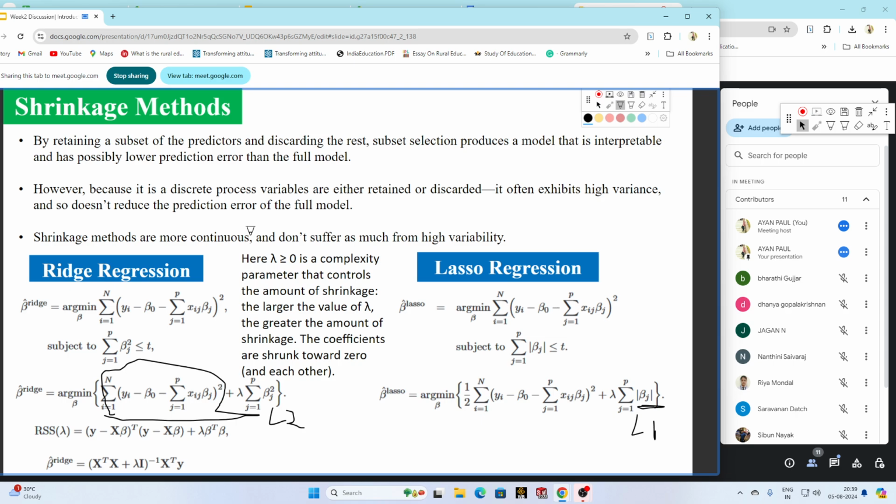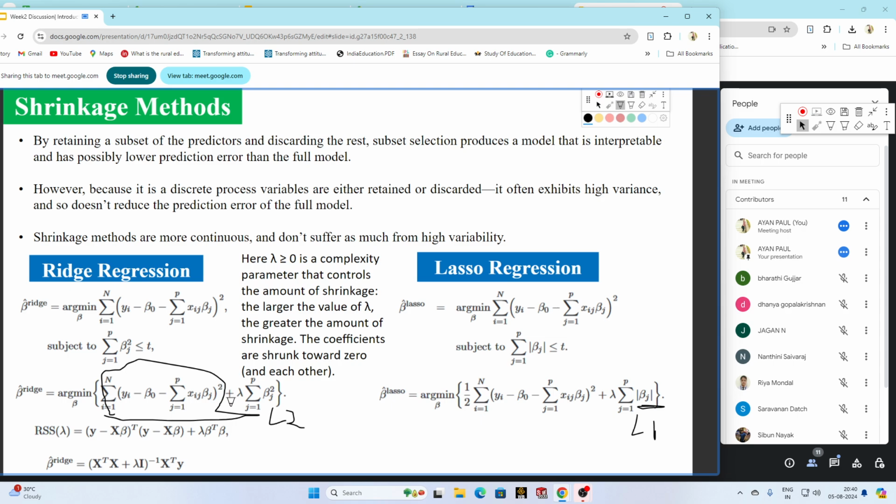In ridge regression, you can see this term: yi minus f(xi). This is the residual sum of squares.